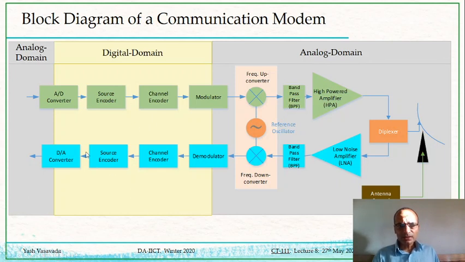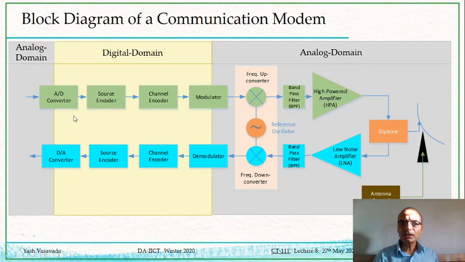We have spent time in understanding the source encoding and source decoding. We have spent some time in developing the mathematical model of sampling a continuous time signal. And we have looked at the Nyquist theorem, which says that a signal which is band limited to capital B hertz can be sampled at a rate which is at least as fast as B samples per second, and then such a signal can be perfectly recovered by the D to A converter.